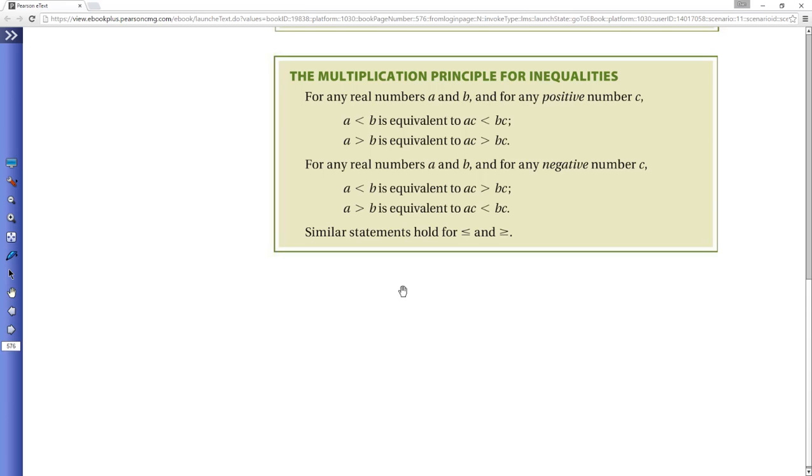If I multiplied 10 times both sides, I'd get 10 is less than 20. Well, that's still true. What if I multiplied by negative 10? I get 1 times negative 10 is negative 10 is less than negative 20.